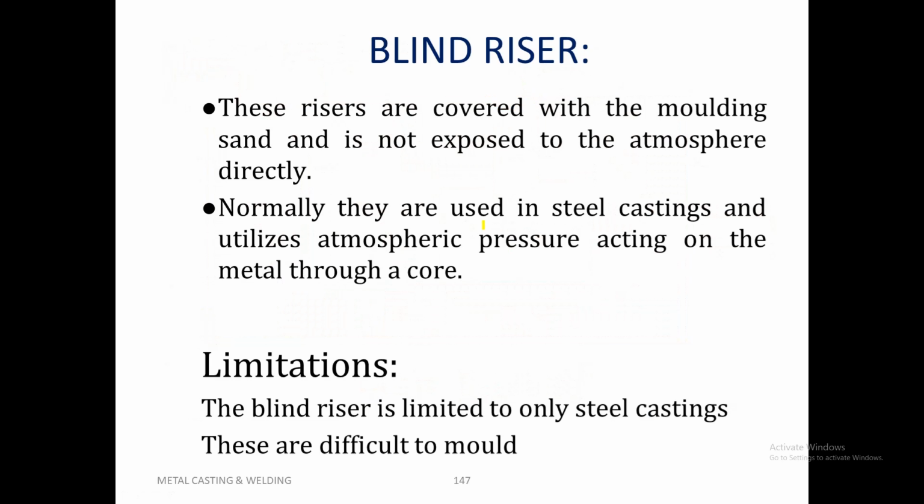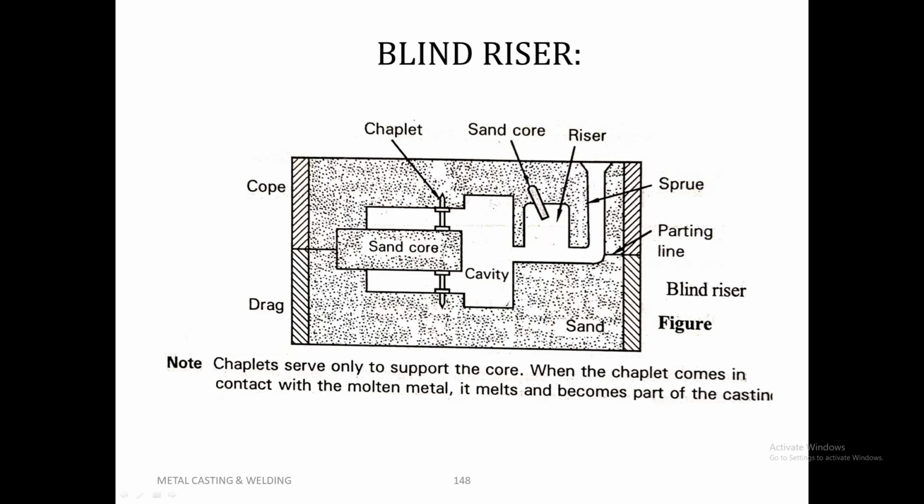Next, the blind riser. These are covered with the molding sand and are not exposed to the atmosphere directly. So a blind riser is surrounded by the molding sand on all sides and is in the form of a rounded cavity. So it is not visible outside.